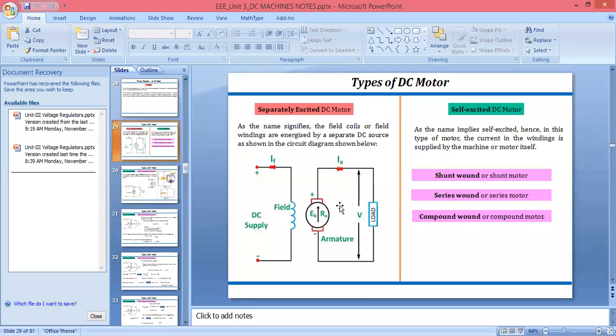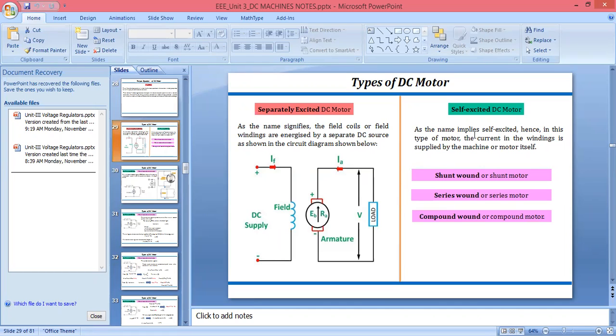So in a separately excited DC motor, we are supposed to give DC supply to the field winding separately. That circuit diagram is called the separately excited DC motor. Here we give DC supply individually to the field winding used with the armature. We are not giving the armature and field winding DC supply directly.